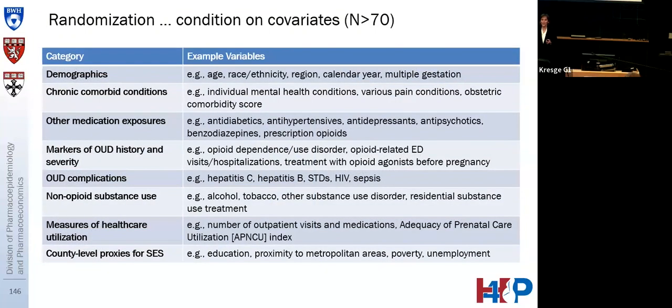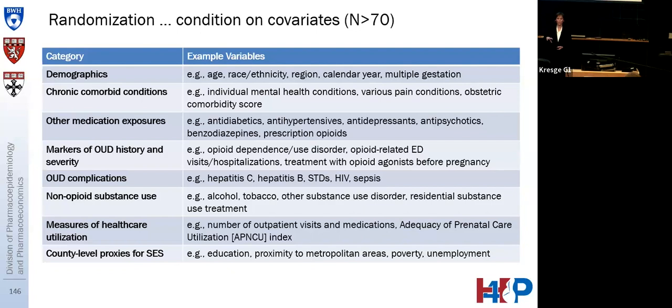Then, as with any non-randomized study, because we don't have the benefit of randomization, we need to take careful control of potential confounding. Here, as I mentioned before, we can take advantage of this rich information on clinical factors that is documented in those data sources. In the context of this study, we looked at over 70 potential confounding variables.